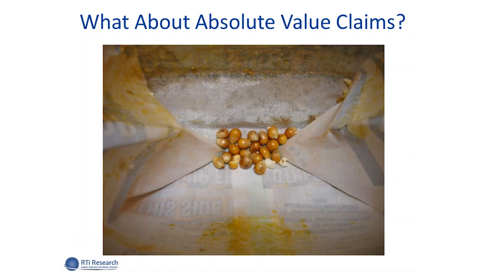And then we have what we call absolute value claims. So an absolute value typically uses the words no or none or never or all or every. So for instance, if you say that your popcorn leaves no unpopped kernels, then theoretically everyone who we test with should agree that there were no kernels left unpopped.